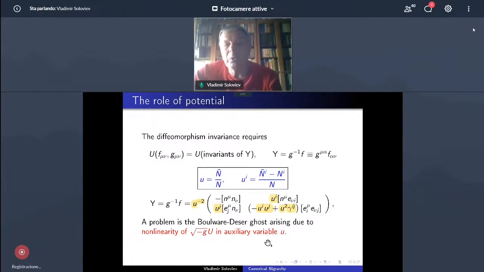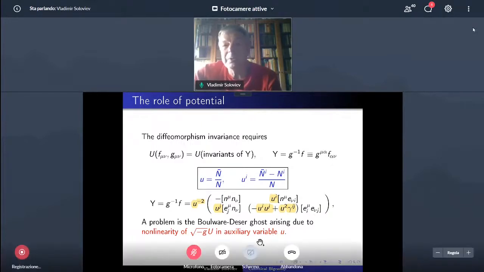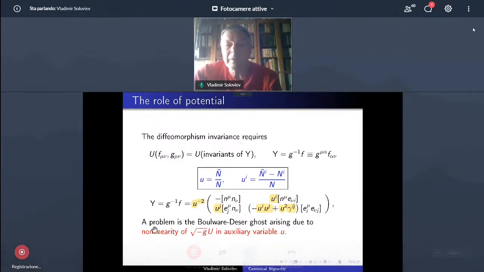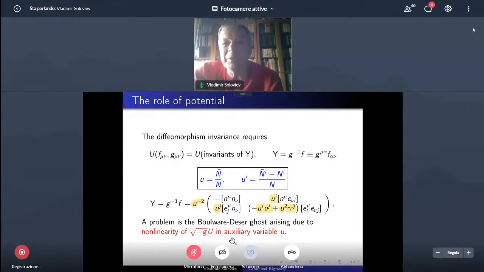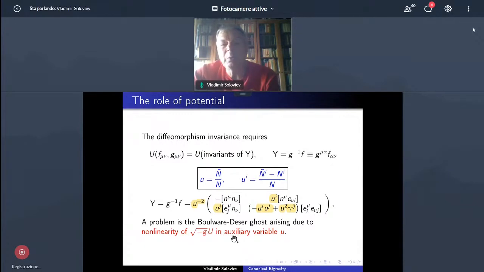But if we only construct invariant polynomials, invariants of this matrix Y, we come to the known difficulty called the Boulware-Deser ghost. It appears because in general the potential will be a nonlinear function of this U. This U is a substitute for the lapse function.